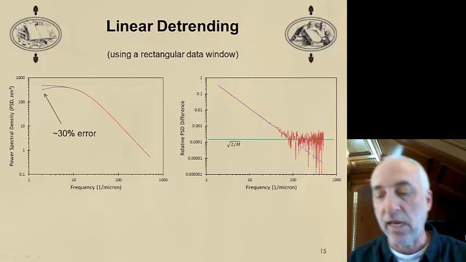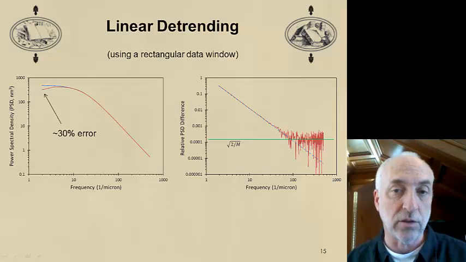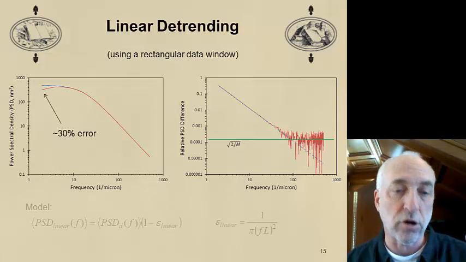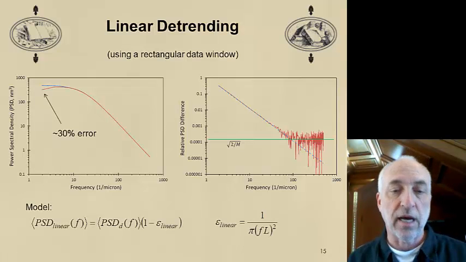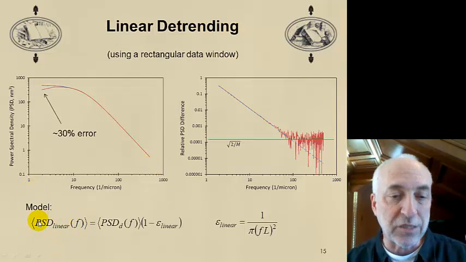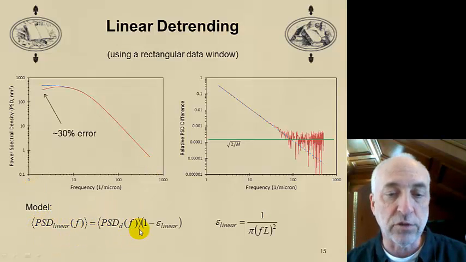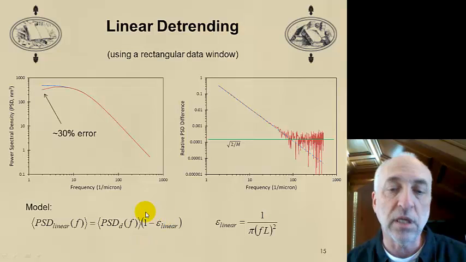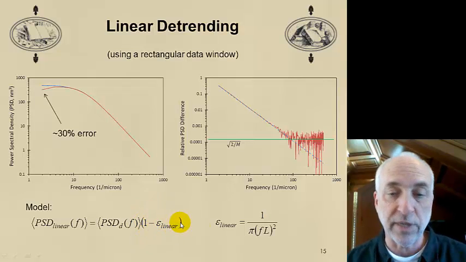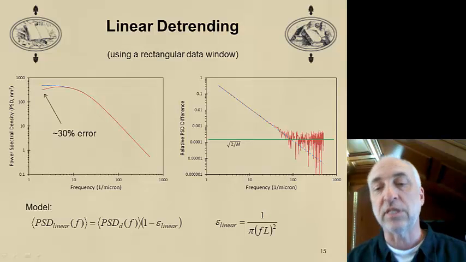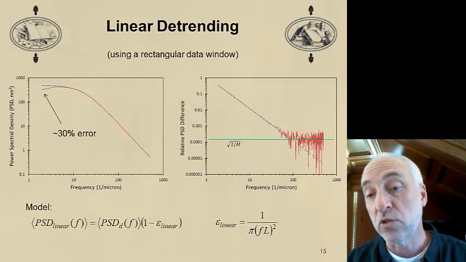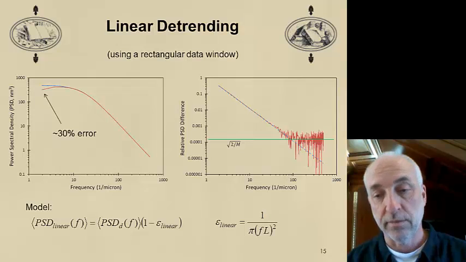The dotted line is in fact my model for the detrending error. And I'll say that the linearly detrended PSD equals the true discrete PSD times 1 minus this linear error term, linear detrending error term. And the linear detrending error term goes as 1 over the frequency squared.